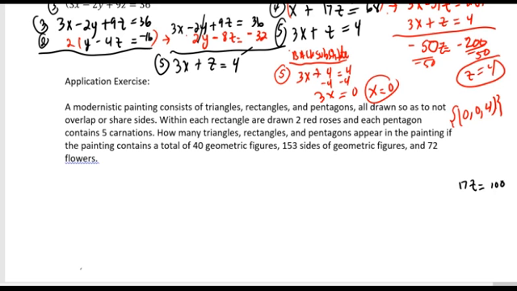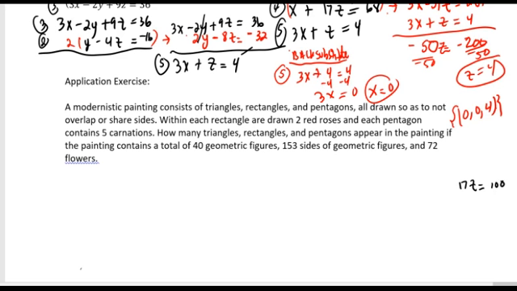How many triangles, rectangles, and pentagons appear in the painting if the painting contains a total of 40 geometric figures and 153 sides and 72 flowers? Okay, so we need to come up with some equations.